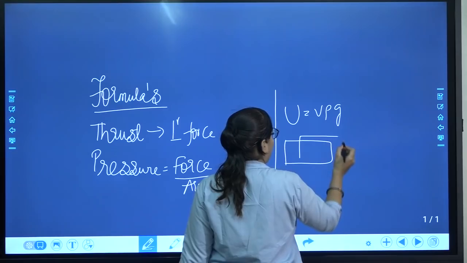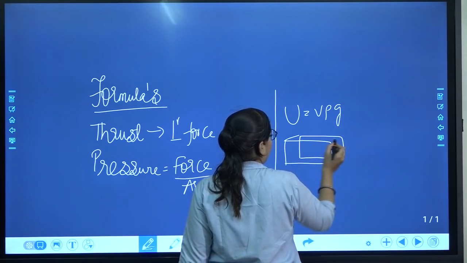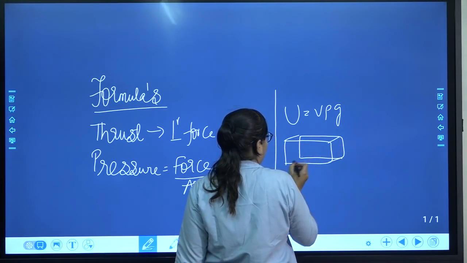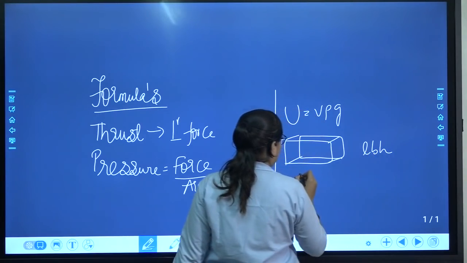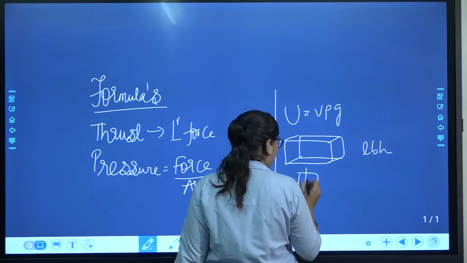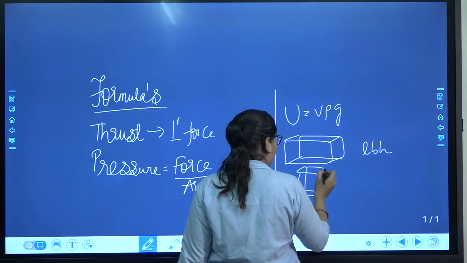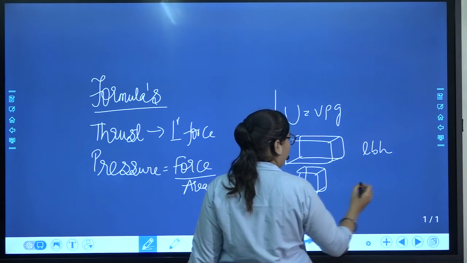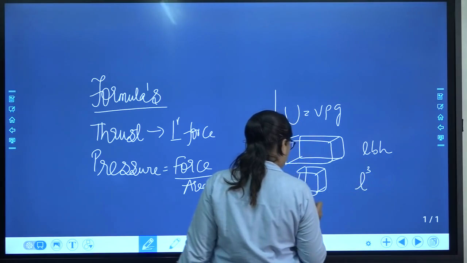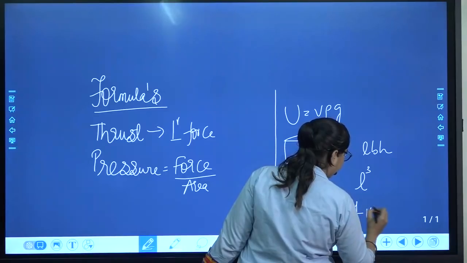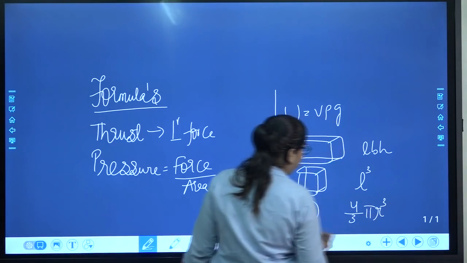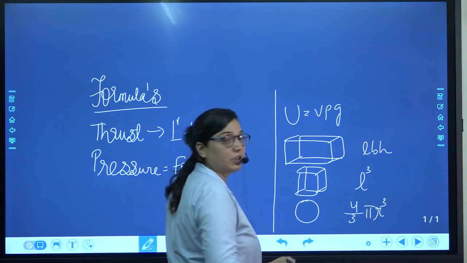If it is a cuboid, then for a cuboid its volume is L B H. For a cube it's L cube. While for a sphere it's 4 by 3 pi r cube. If it is a hemisphere, then it will be half of it.